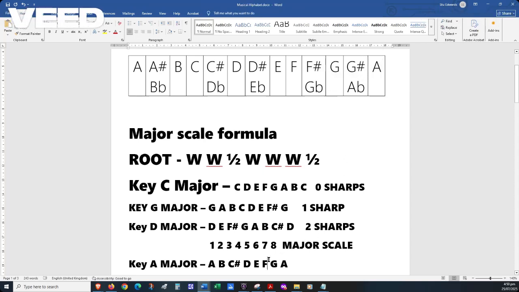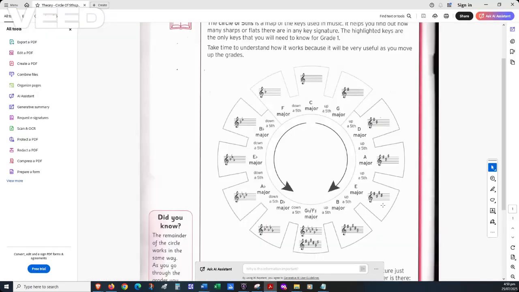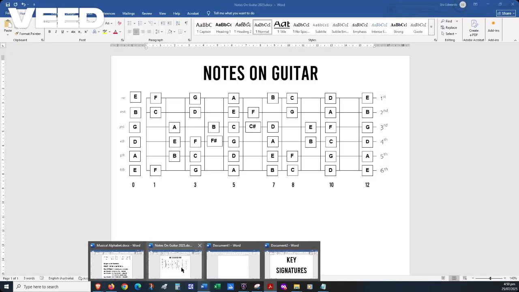So we have to put in the F sharp and we have to put in the G sharp, and there we've got the key of A major, 3 sharps. Let's check our circle of fifths. There we go.